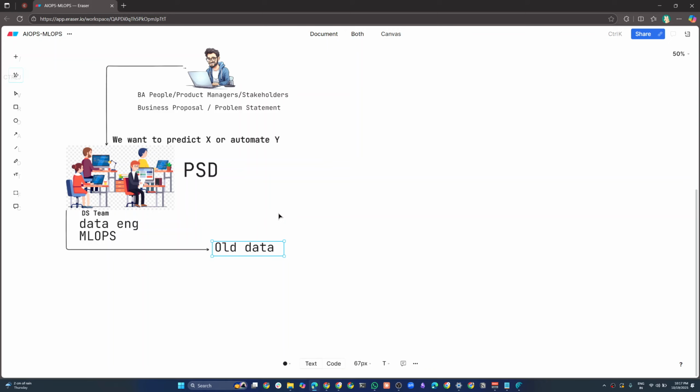And then the data engineer will explore, once the data science team finalizes, whether this data is live or not, and from where we can get it: the data lake, warehouse, APIs, logs, DB, or any other sources. The data engineering team will work on the data availability, quality, volume, and potential data types.